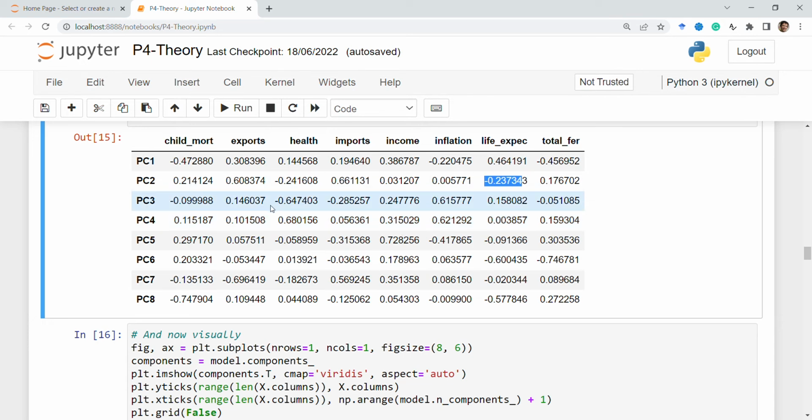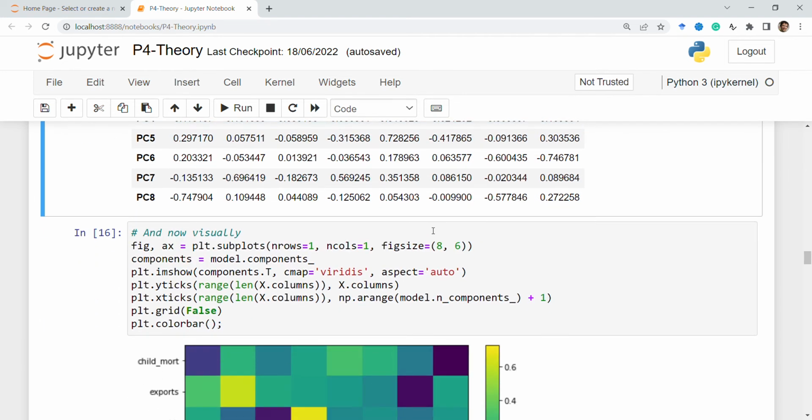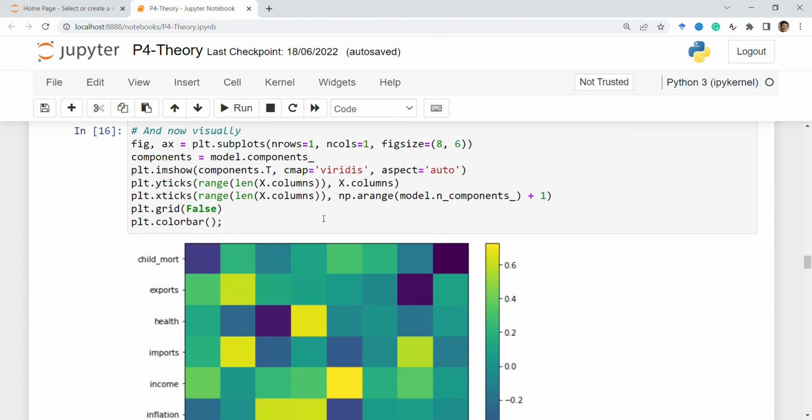The PCA only tells you there is a large variation of countries along this axis for some reason, and you have to find the reason. The reason is found by looking at the big values, and the sign of those big values, in the coefficient matrix. And we can show that matrix visually.